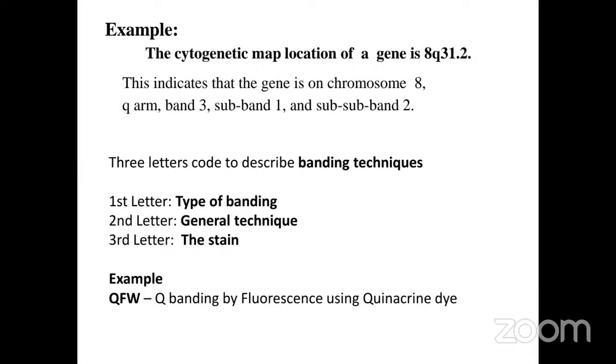There you can find that gene. So that is the cytogenetic map, or the location of a gene. You can see that 8q31.2 means this gene is located on chromosome 8, on the long arm, third band, first sub-band and sub-band number 2.